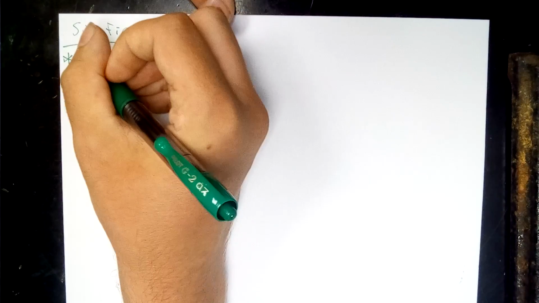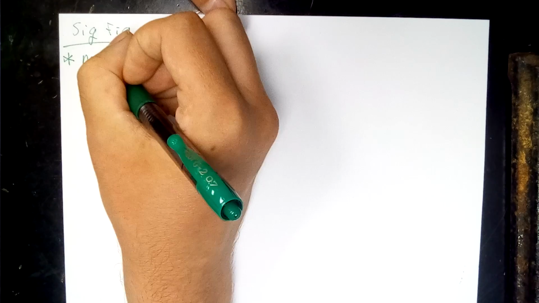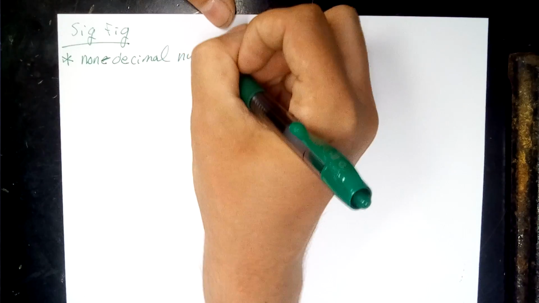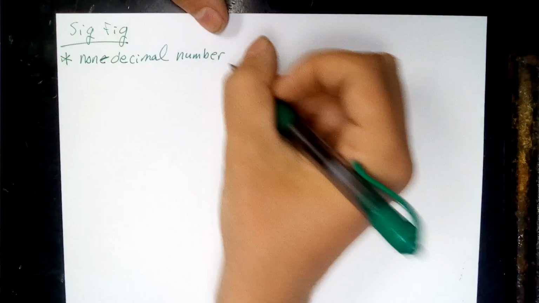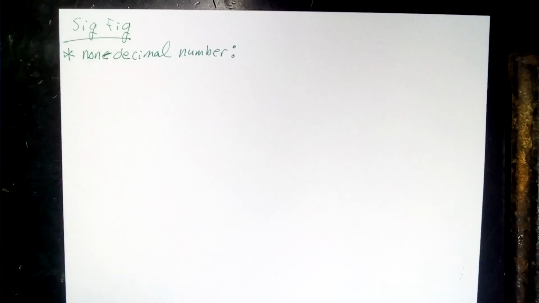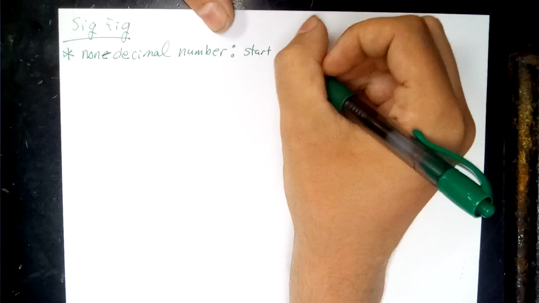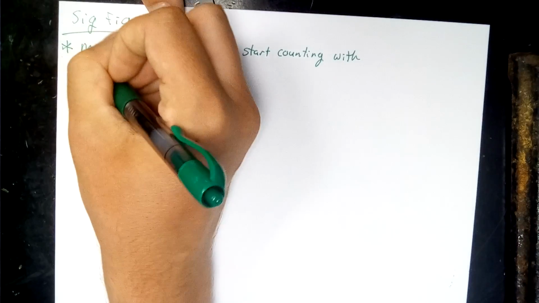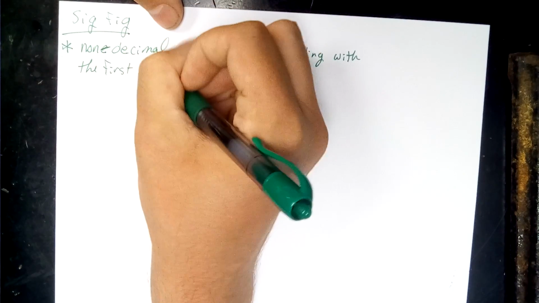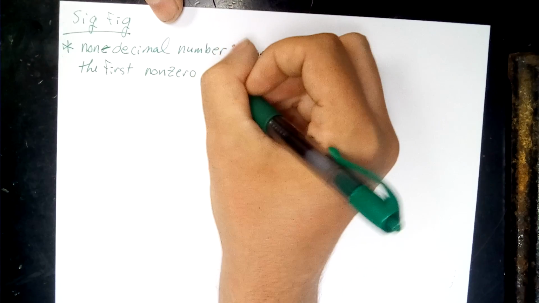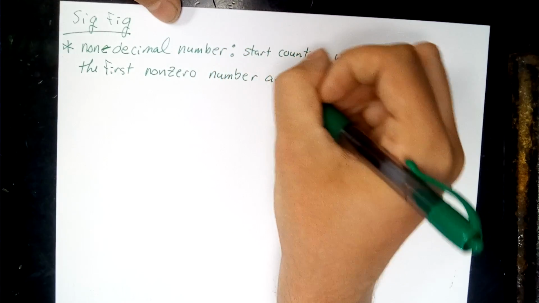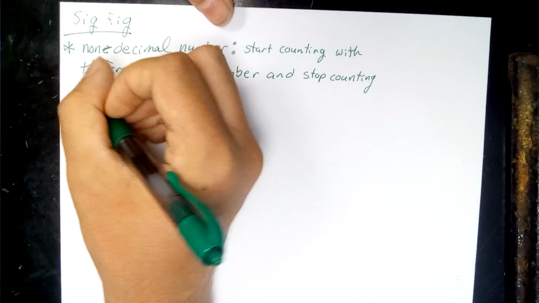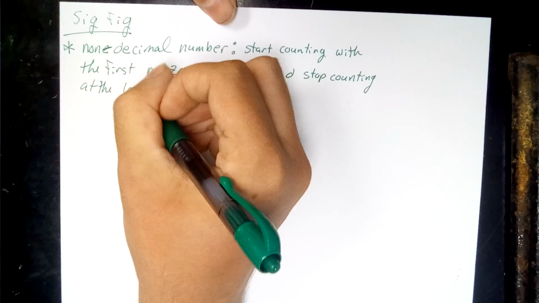So to start off with, if it is a non-decimal number, what you will do is start counting at the first non-zero number, and stop counting at the last non-zero number.